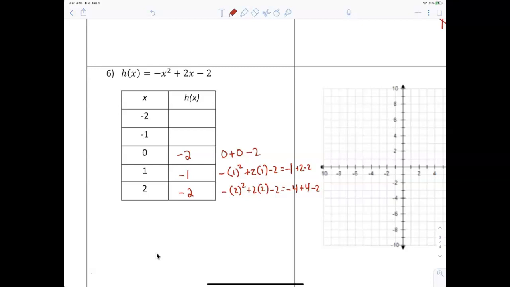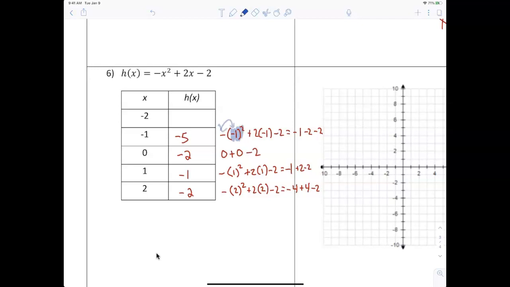Now let's go over here at negative 1. Negative, parentheses, negative 1 squared plus 2 times negative 1 minus 2. Again, negative 1 minus 2 minus 2, negative 5. Now again, let me just emphasize this. This squared is positive 1. Don't multiply these two together first, or you're going to make a mistake.